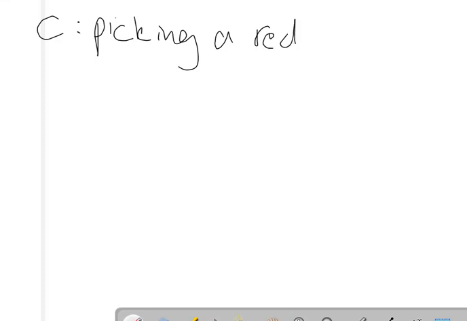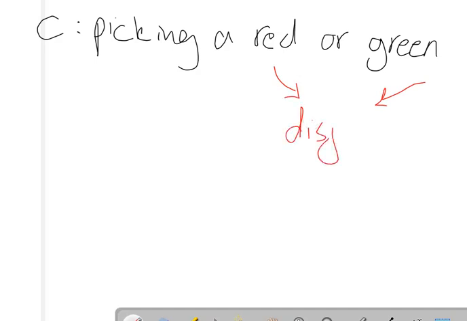Okay, you know that the red and green are disjoint events. They don't have anything in common.